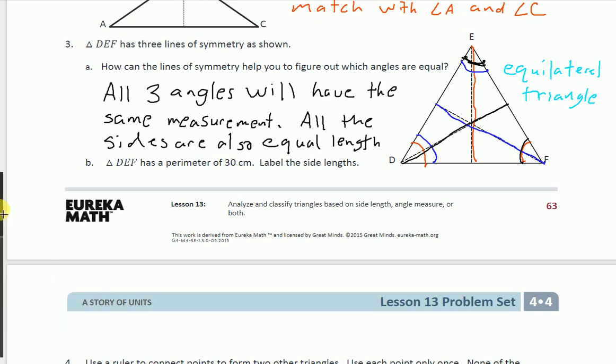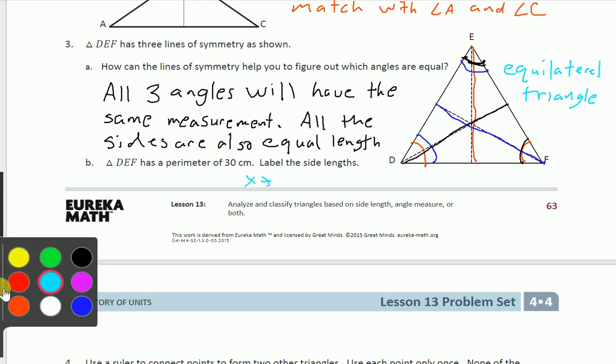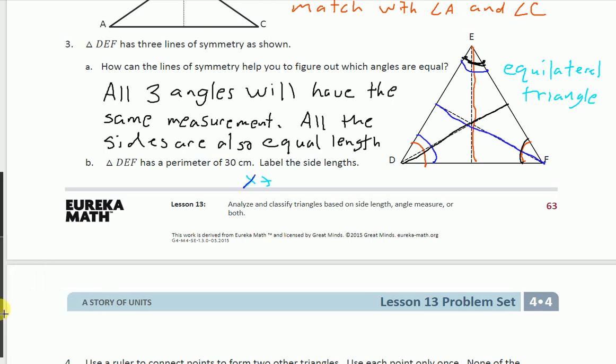So something plus something, so we have x plus x plus another x is equal to 30, and all of them are going to be the same. So we can say that they are 10 centimeters, 10 centimeters, and 10 centimeters. All right. Well, this is a little complicated, but I think we got that one.